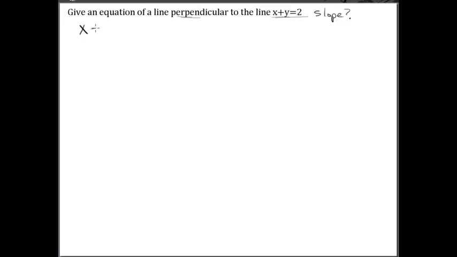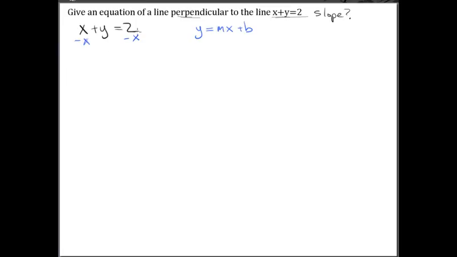So let's take x plus y is equal to 2 and get it into slope-intercept form. I'm going to subtract x from both sides, because remember, slope-intercept form is y equals mx plus b. We want the x and the y on opposite sides of the equal sign.